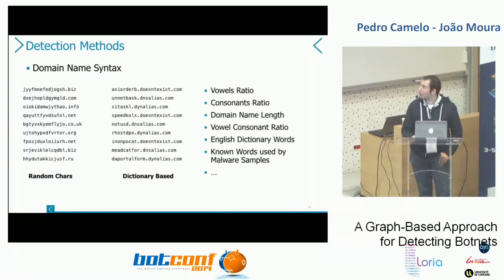So we can use that kind of attributes, like consonant ratio, domain name length, and other ones. The dictionary-based ones are a particular case where it's really difficult to have a machine learning approach, at least by the attributes that we used in this work.